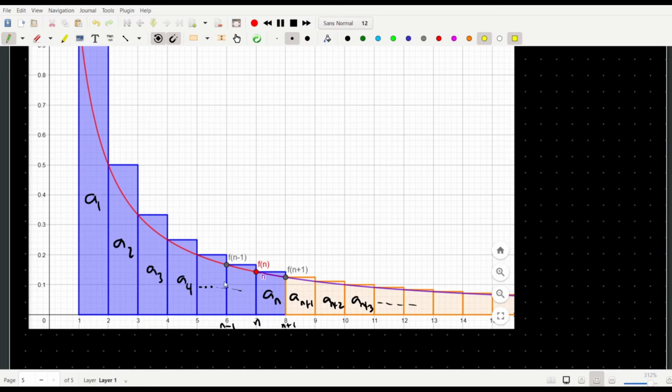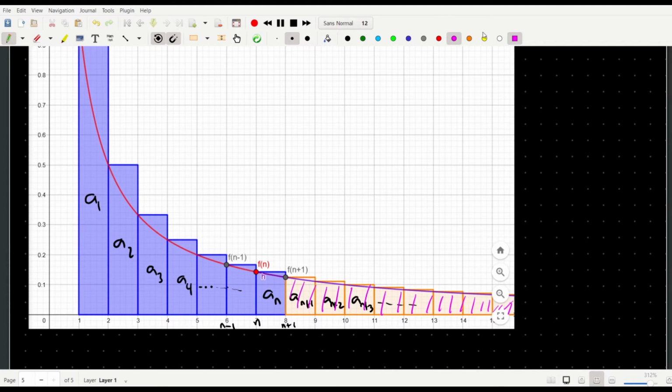our finite approximation is the sum of the first n terms. And if we look now at the remainder rectangles, so all of the rectangles from n plus 1 to positive infinity, you can see that these rectangles are overestimating the value of the function. So the area under the function is this pink area that I'm shading right here.